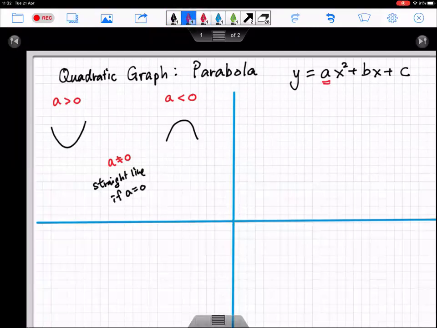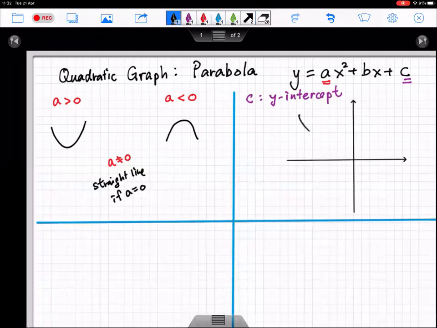And then secondly, the next one easier will be c. All right, c is the y-intercept. So if c is a positive number, it intercepts at the positive y-axis, right? These are for those c that are positive numbers, right? These are positive c.